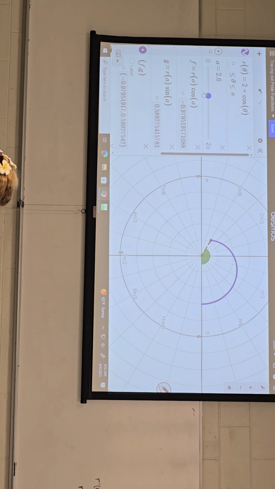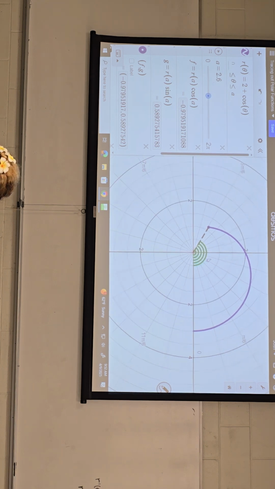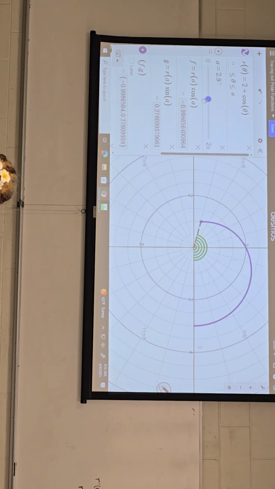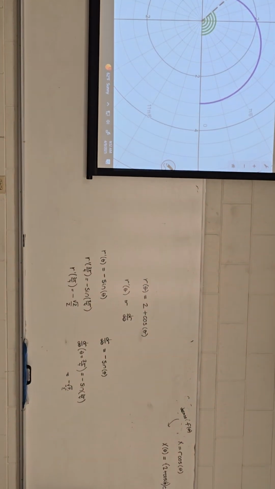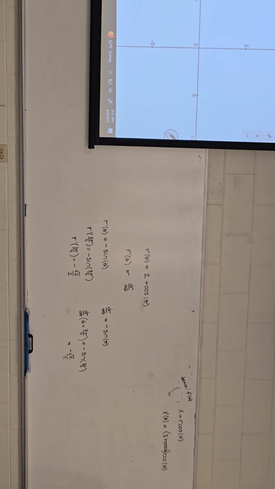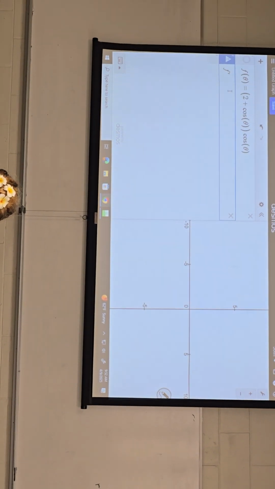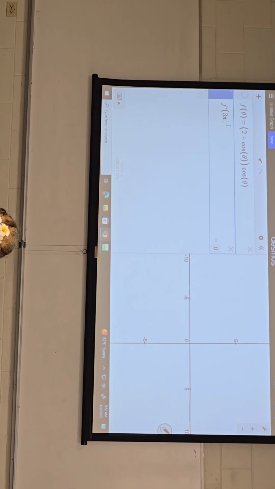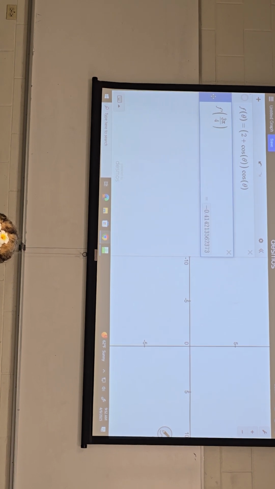But now ask yourself, how is the x coordinate changing? Is the x coordinate moving left, moving right? Left. Moving left. So that means that my dx d theta should be a negative number. So I'm going to run over to Desmos and just say, find f prime of 3 pi over 4. And sure enough, I do get a negative number.